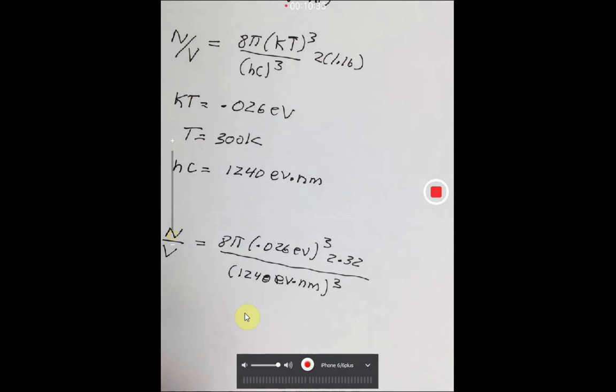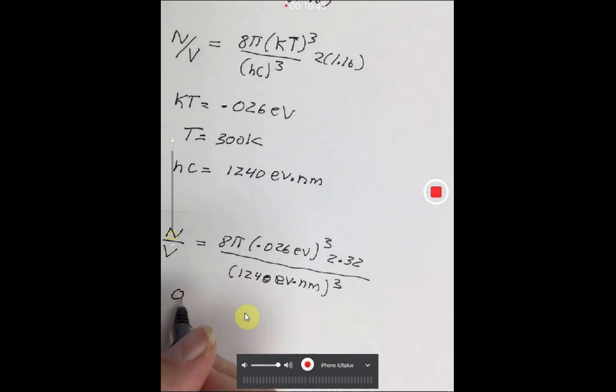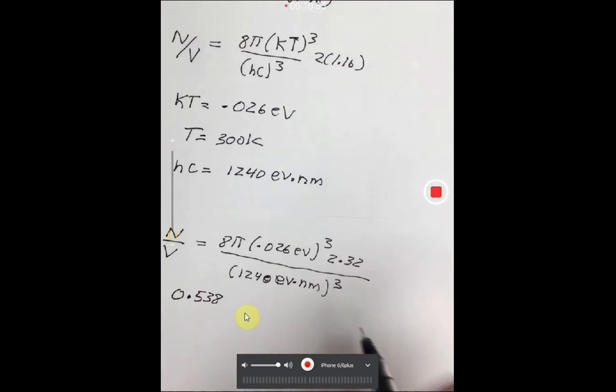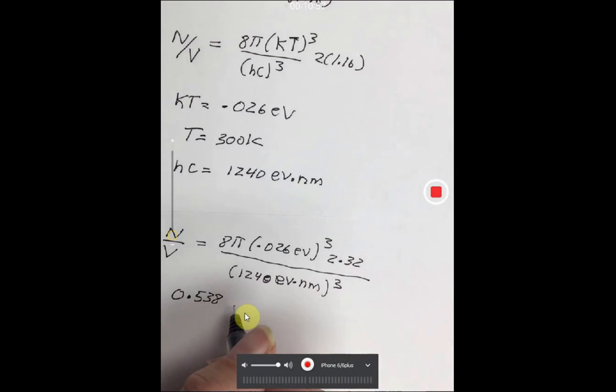So if we stick that in, what we're going to get is 0.538, and I converted the nanometers to meters actually, so I get times 10 to the 9 inverse meters cubed.